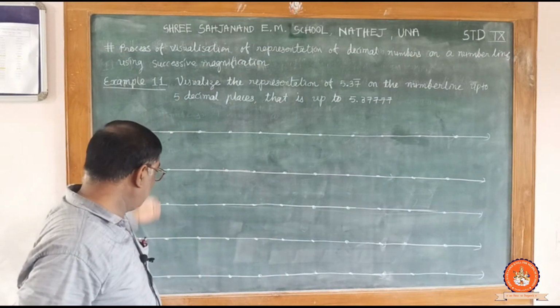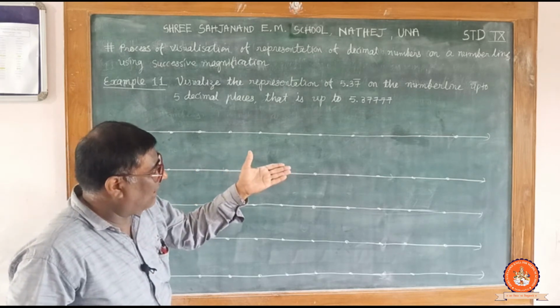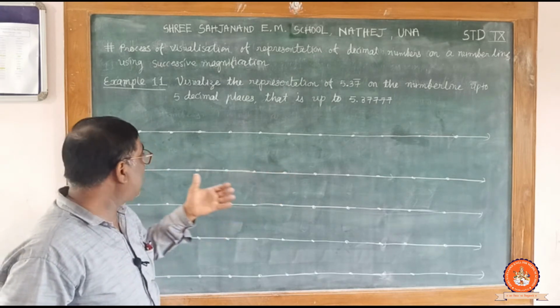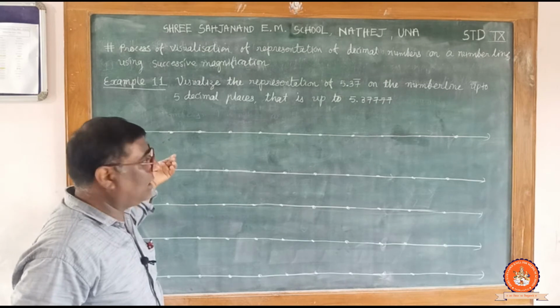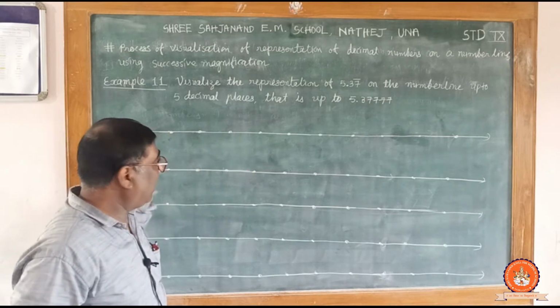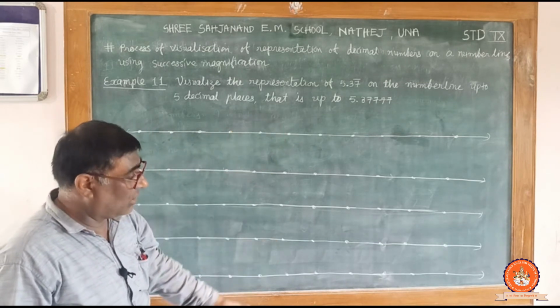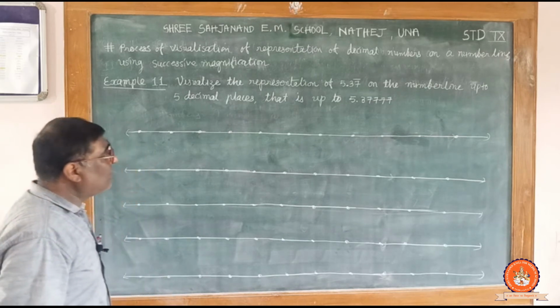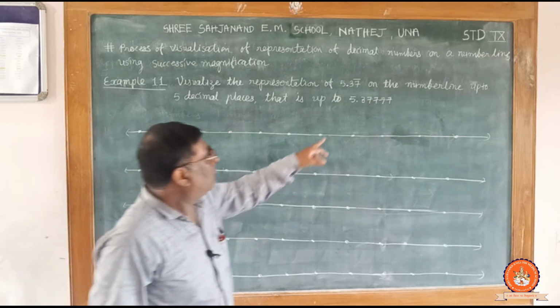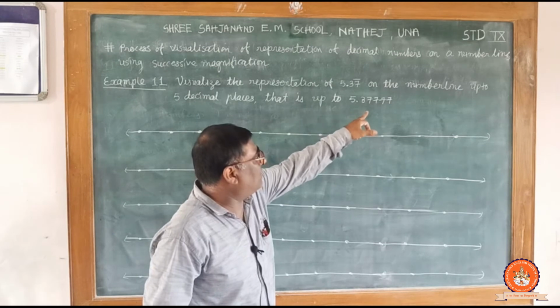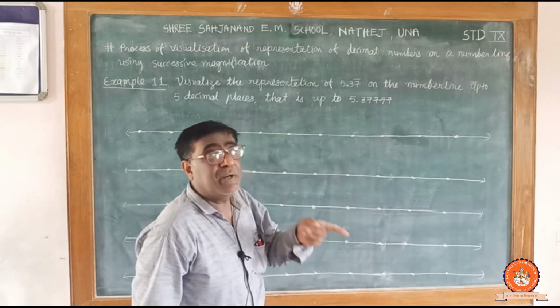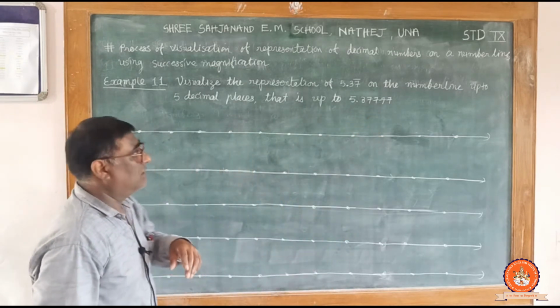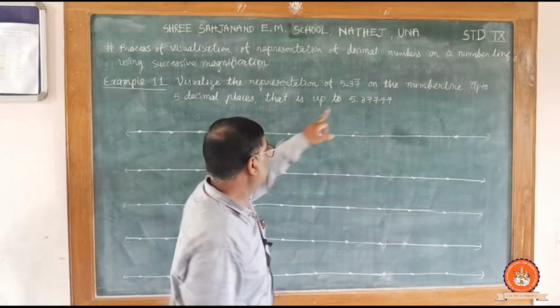So all the 5 lines are divided into 10 equal parts by putting 11 points at equal distance on each line. Okay, now we know that 5.37777 lies between 5 and 6. Look at it, 5 here.